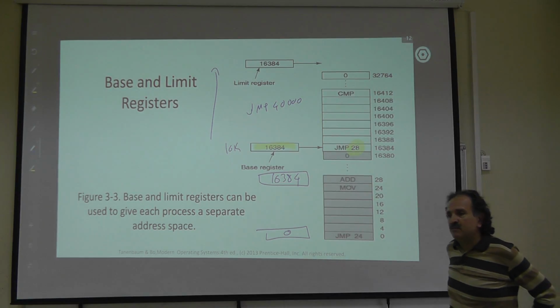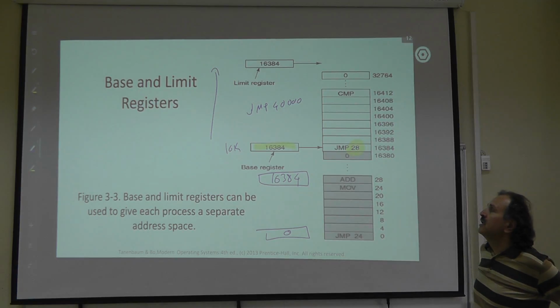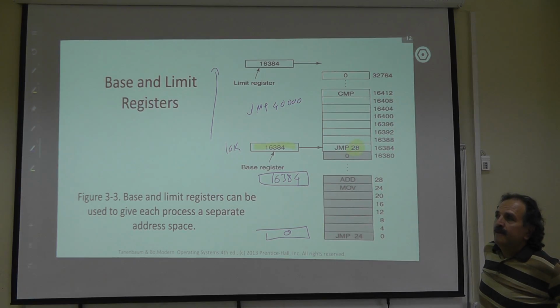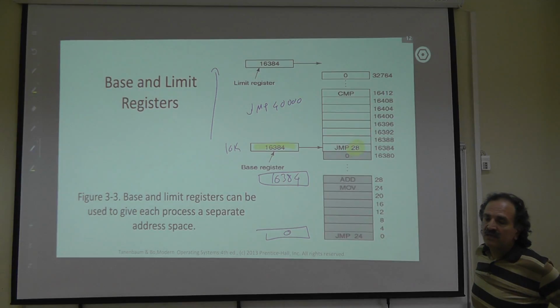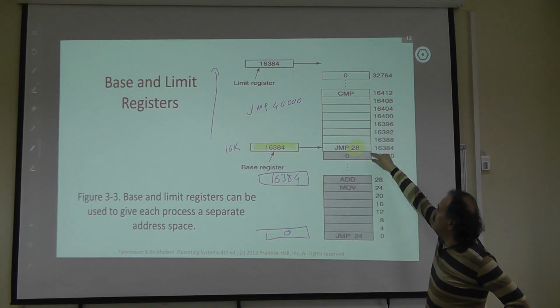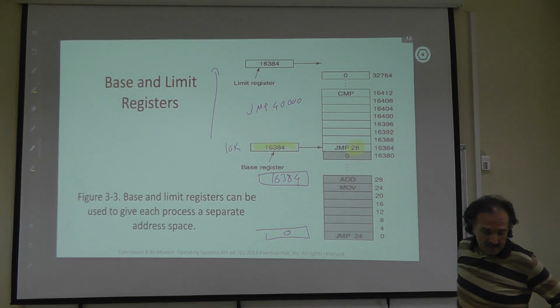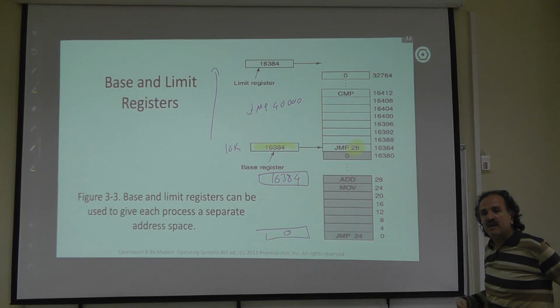So the operating system should not by accident access some process's space. So it has its own base register and kernel limit register. So it could be here or it could be in between. We don't know. That's the good part of the abstraction.